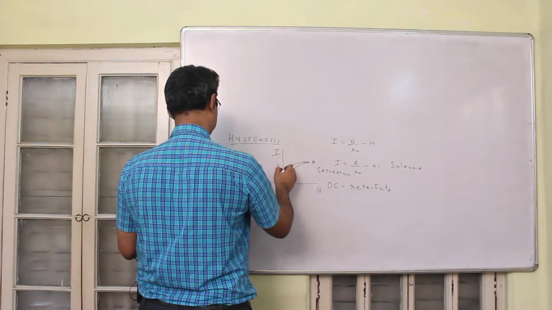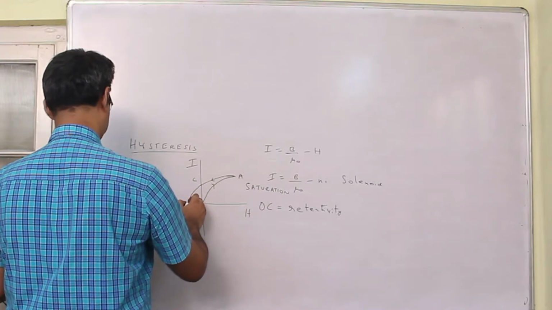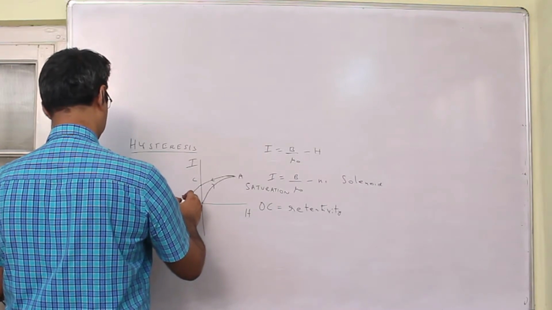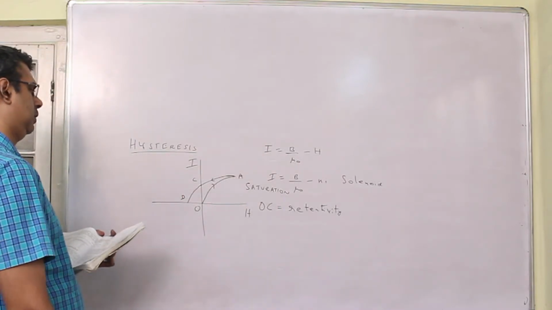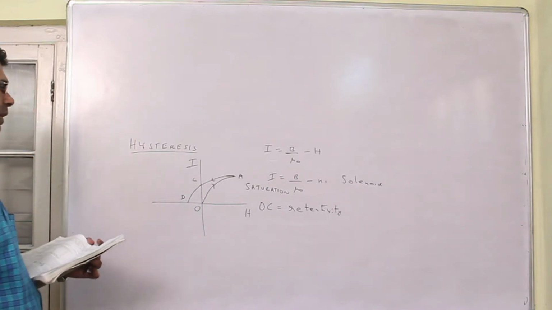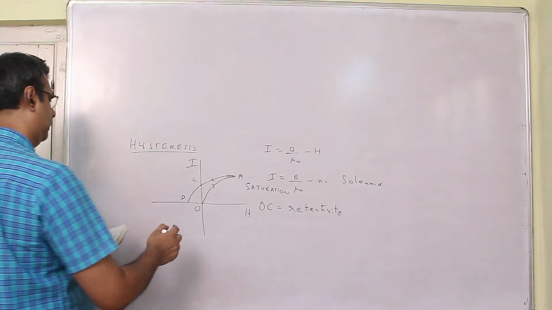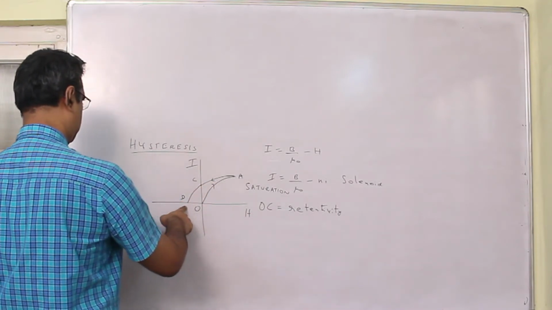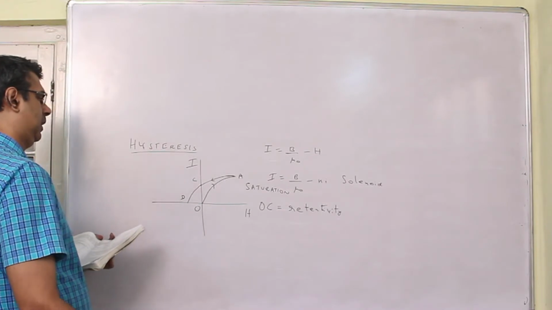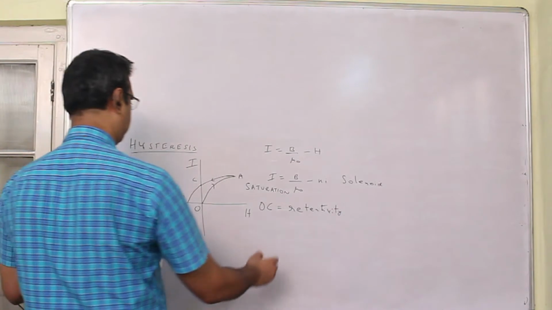Now what you do? You reverse the current direction. You have already decreased the current to 0. The current has already become 0 at the point C. Now you reverse the current direction, and finally when the dipoles become totally random, you reach the point D of the graph.